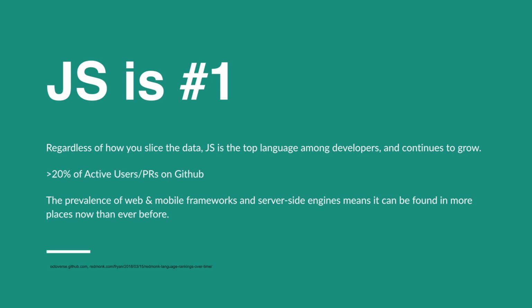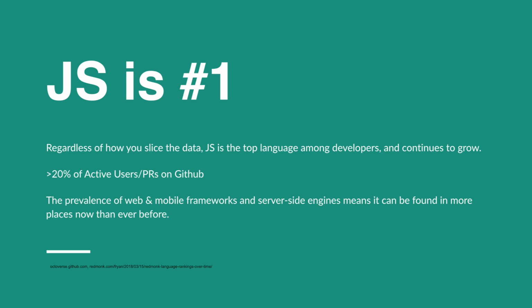So, first off, congrats everybody, we're number 1. According to GitHub, industry analysts, everyone, JavaScript is the most written-in language. 20+% of all active users and pull requests, I think it's actually 23% right now, are in JavaScript alone.